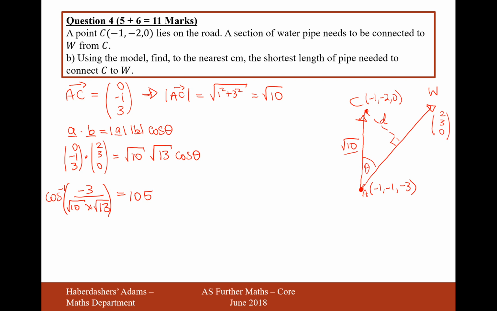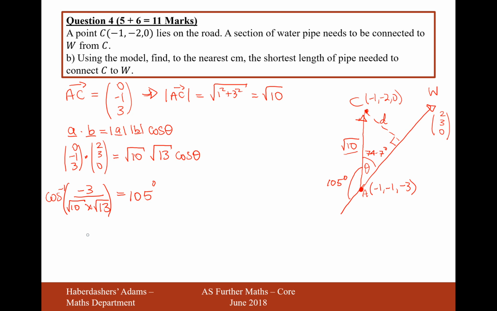So 105 degrees, what that's probably referring to is this angle round from here to here. That would be the 105 degree angle. So actually the angle inside here is going to be 180 minus that value, which will be 74.7. Okay, so we just had to do a little 180 minus it, because this angle here was our 105 angle, so it's 180 minus it to get your acute angle.